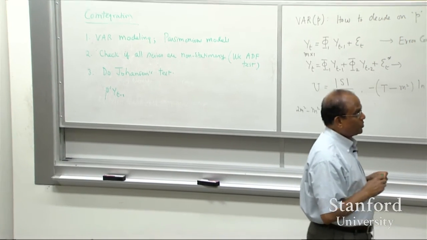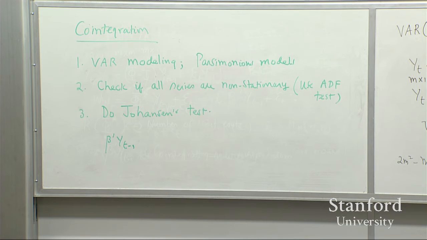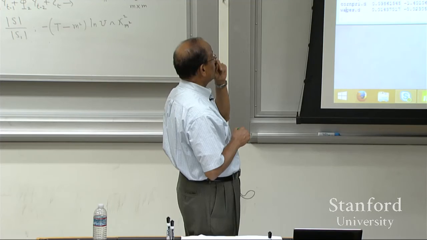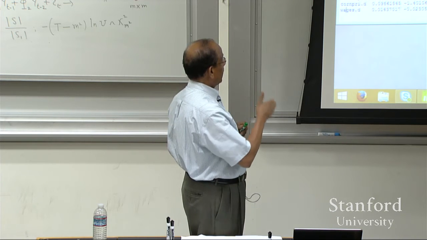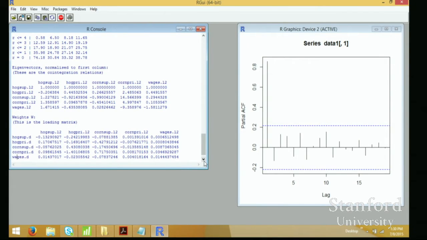The first column gives you the eigenvector associated with the first eigenvalue, and the second, third, fourth, and so on. Essentially what we are going to show is that the last 2 are definitely non-stationary and the first 2 definitely stationary. The one in between is going to fall in between the 2.